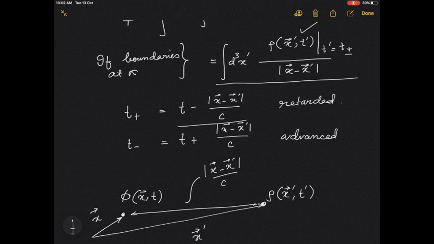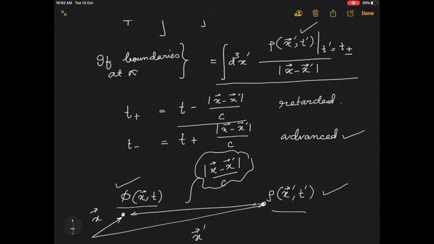And the time a light signal takes to go from x prime to x is given by mod x minus x prime by c, because c is the speed of light. So what it is telling you is that to know the phi here, you need to know what is rho, which was there this much time earlier. So the effect of this rho is felt at this point at a later time. So that's why it's called a retarded or later solution.